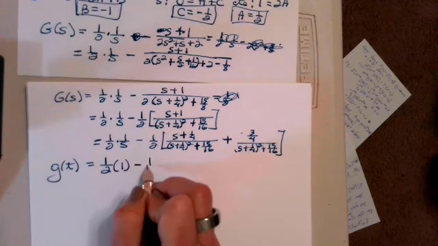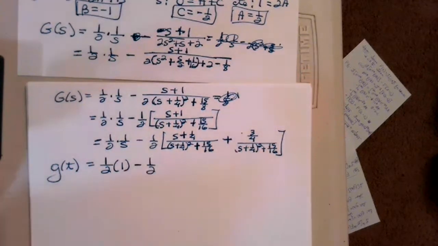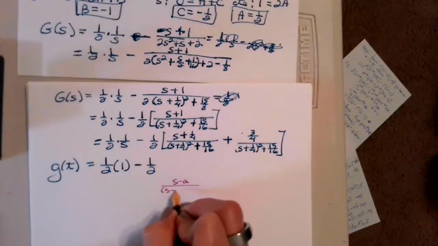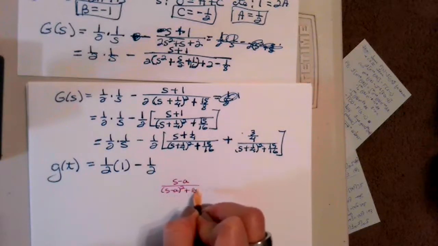And now when you look on the chart, you will see a line. And in fact, in the one in your book, it is line 10. You have s minus a over s minus a squared plus b squared. So line 10 looks like s minus a over s minus a squared plus b squared.